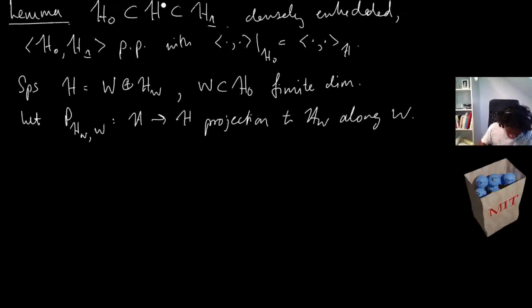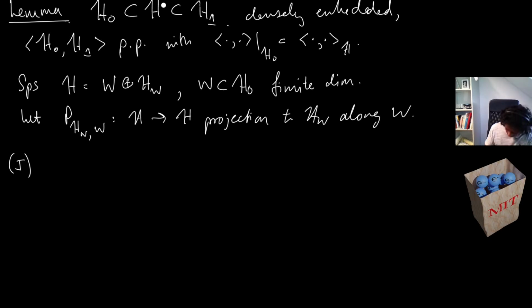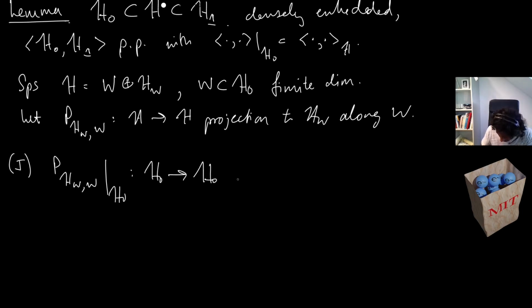Okay, so what happens in this situation? So P_HW,W restricted to H naught is a bounded projection from H naught back to itself, with the range of P_HW,W of this H naught being equal to HW intersect H naught.